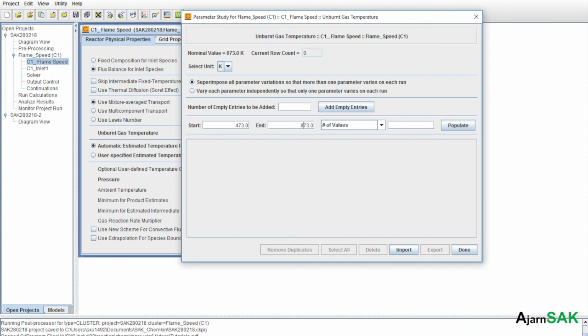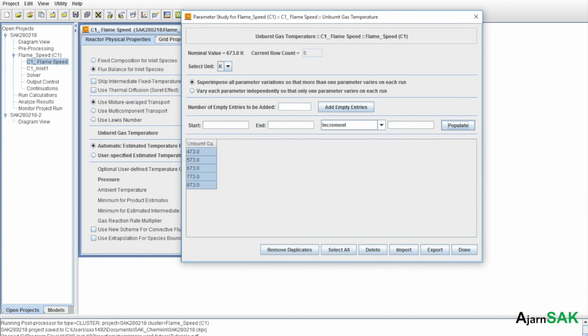The number of values you want here would be 7, increased by 100 degrees. Or you can say increment, 100.